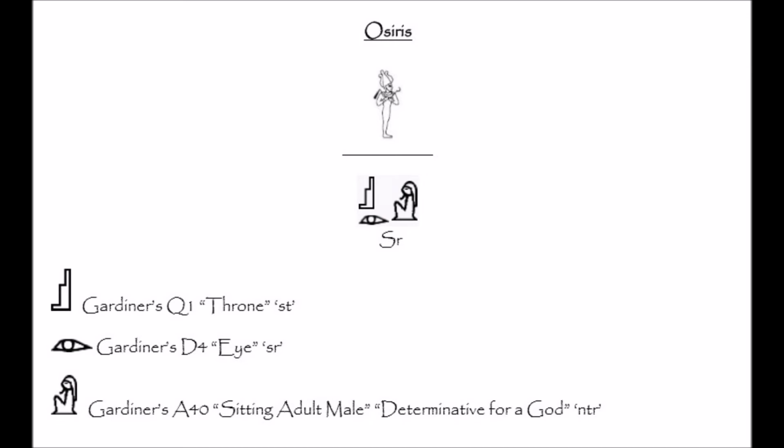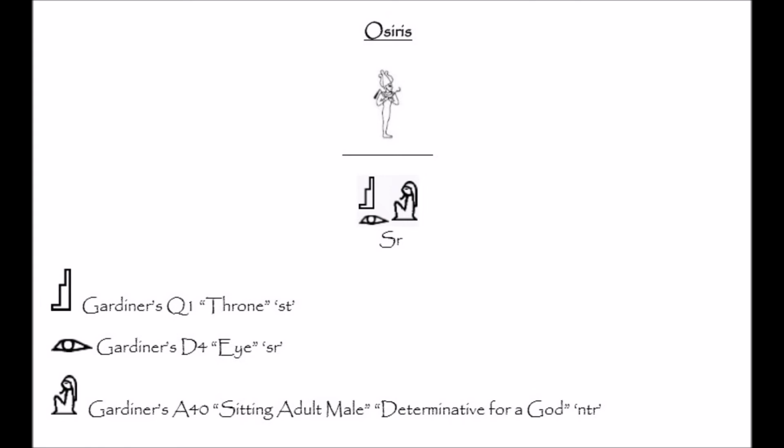It defines more precisely what it is that you're talking about. And so the actual name of Osiris comes from the eye character. This is Gardner's D4, and it has a phonetic value of Sir, SR.